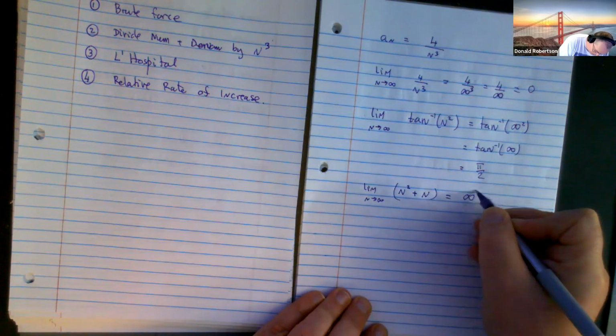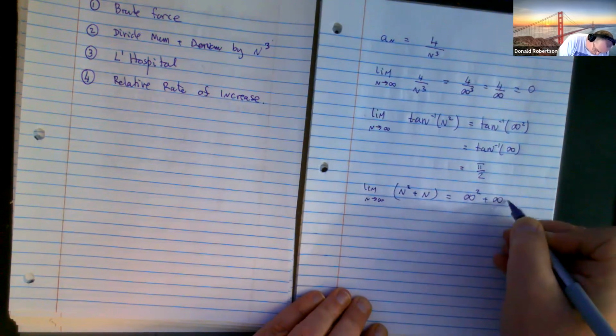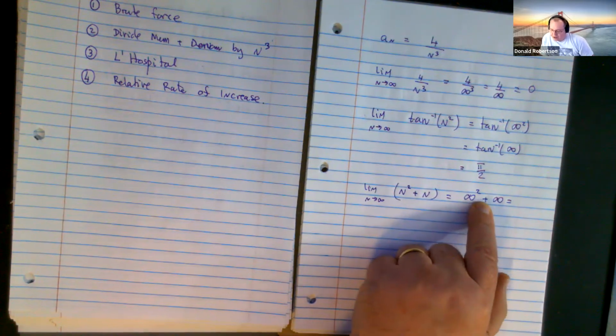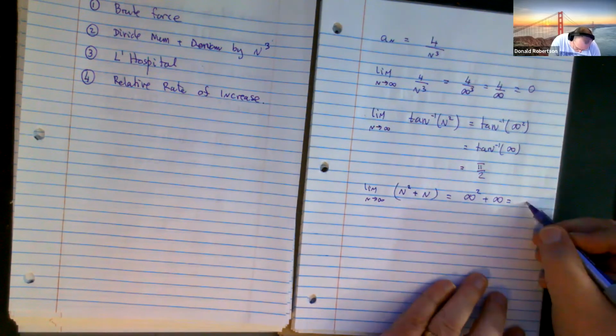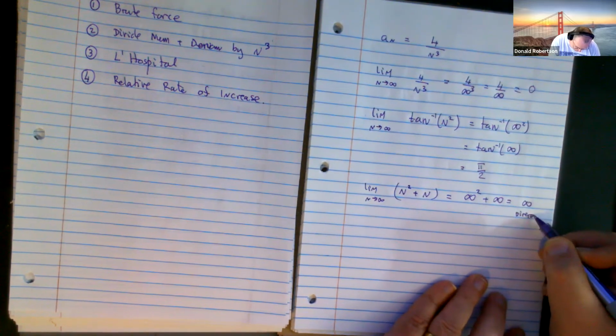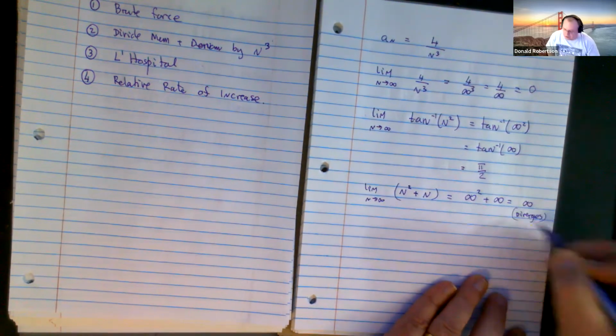If you plug in infinity here, would you agree that infinity squared is infinite, and then you add some more infinite? Isn't the answer just going to be infinite? In this case, you would just say it diverges. We don't care that the reason it diverges is the answer is infinite. We just say diverges.